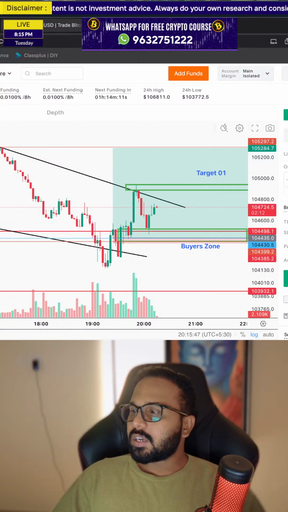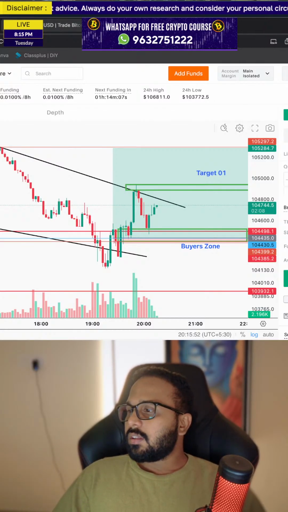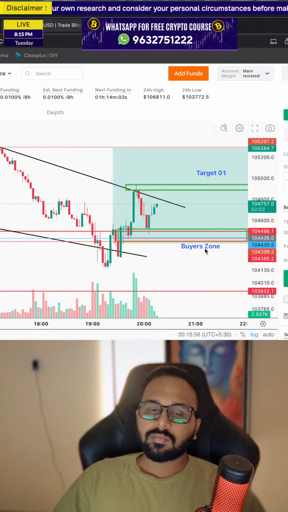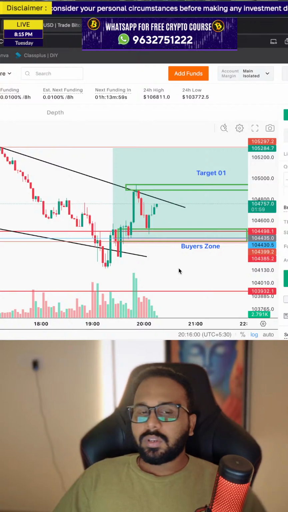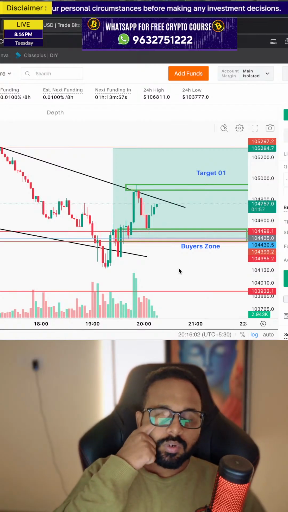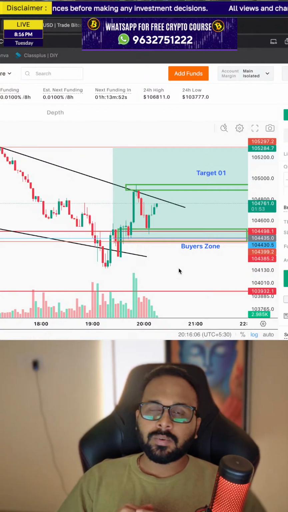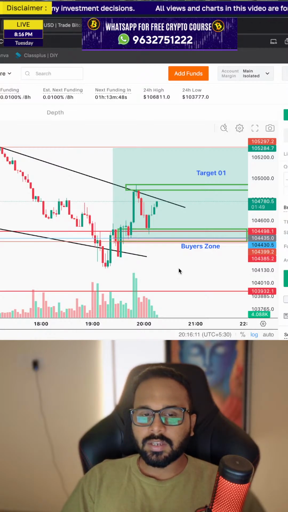S&P 500 at least has shown some recovery. Dow Jones has shown some recovery. This Nasdaq though... Usually I don't give too much importance to Dow Jones because that's not a proper understanding of the market sentiment.